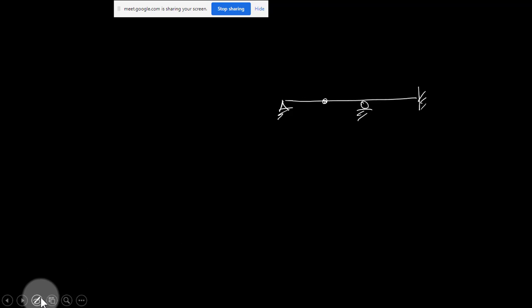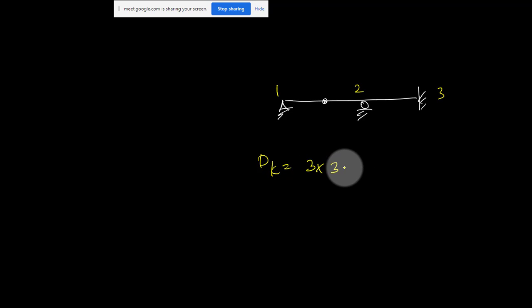If you just tell me the answer for this simple beam. I think I have already drawn this beam earlier. So what is the degree of freedom here? Again the same equation. Total 3 joints, 3 into 3.